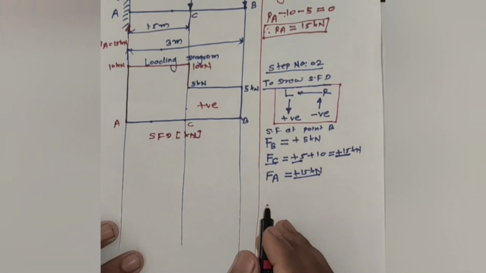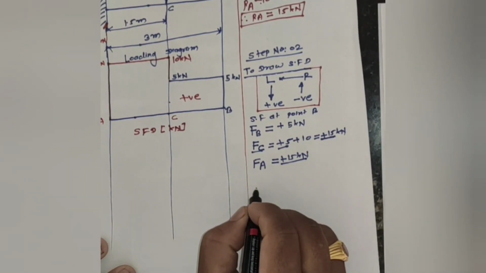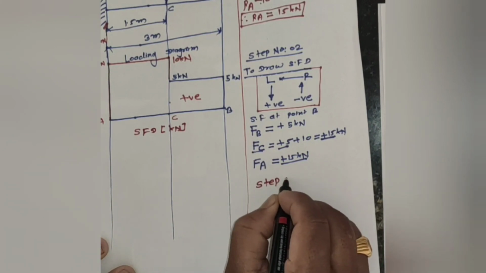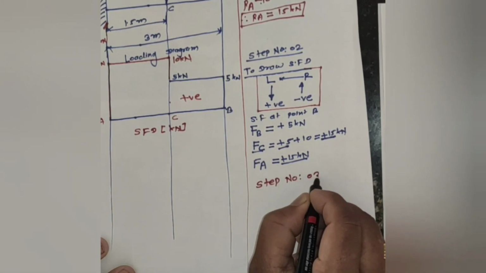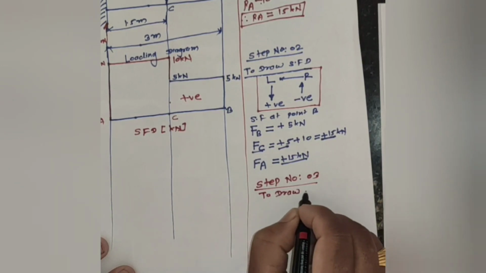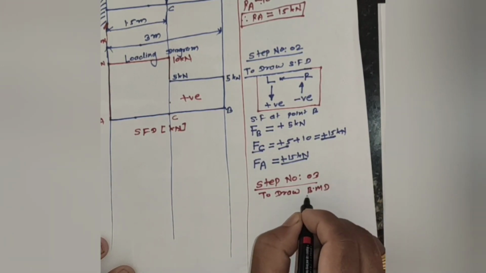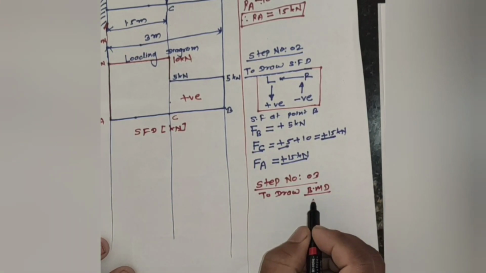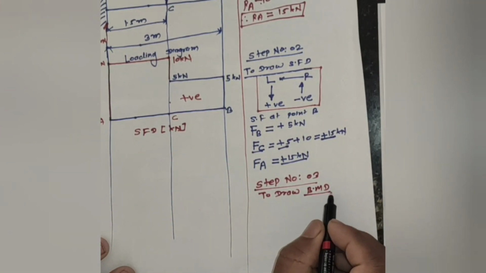The next one, step number 3, is to draw the BMD. All of you know that BM means bending moment diagram, force into perpendicular distance.